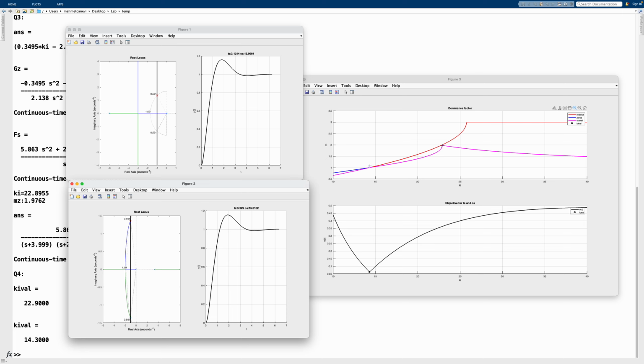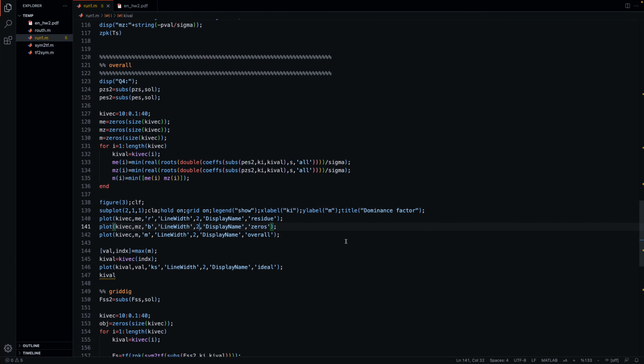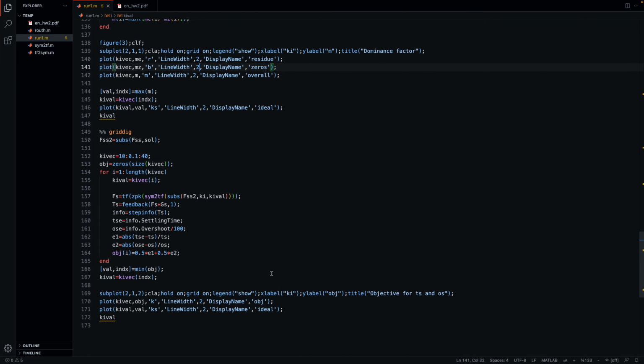So if it's momentarily something high, it will not stay like that if we wiggle around Ki. So this may not be the best solution, even though it might be the best solution in terms of settling time and overshoot. So let's actually check out what the settling time and overshoot for this plot looks like.